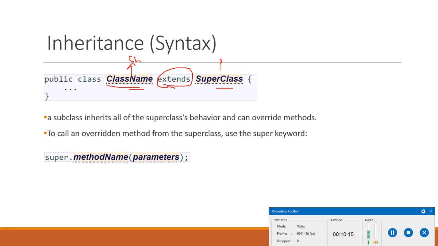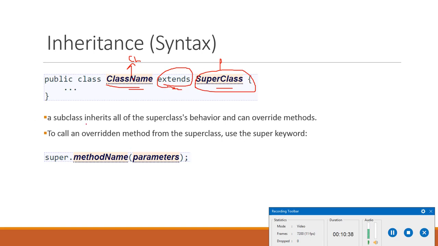The extends keyword tells us that we are doing inheritance. Public class, name of the child class, extends, name of the parent class. Now this superclass should be pre-existing. You should have created your superclass first, then you can create the inheritance, then you can create a child class by using the keyword extends.